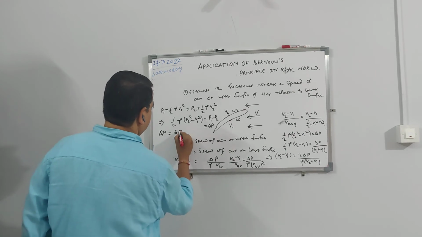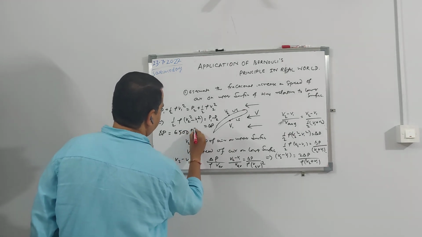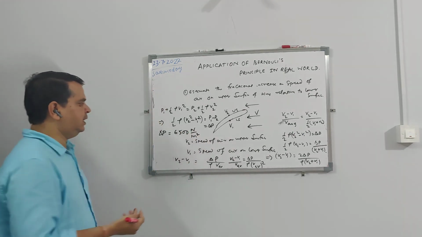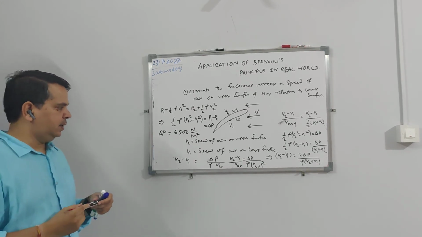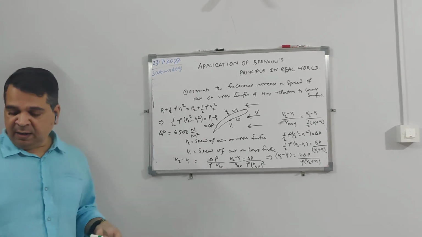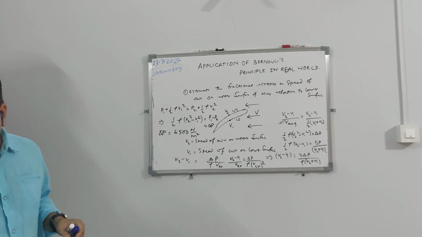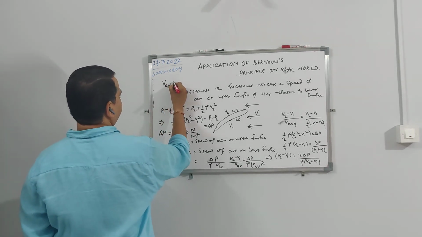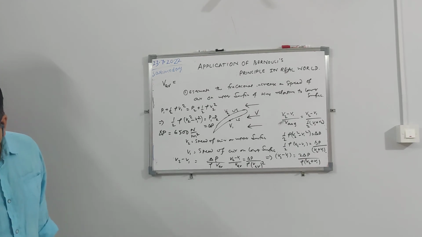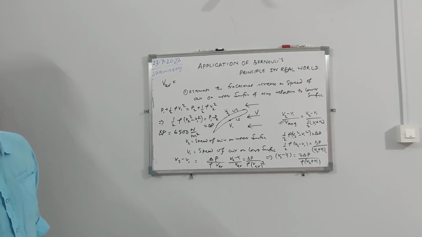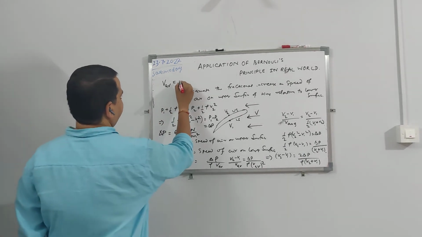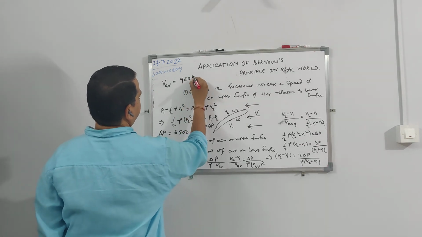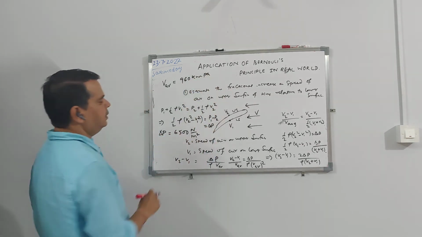If you take 9.8, then 6500 Newton per meter square. So that is your delta P already. At the beginning, the input was the velocity of the aircraft, which is nothing but your V average, 960 kmph.